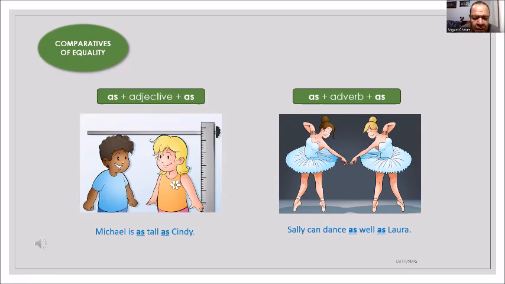To form the comparisons of equality using adjectives or adverbs, use the following formula: as plus adjective plus as. For example, Michael is as tall as Cindy. The second formula is as plus adverb plus as. Sally can dance as well as Laura.